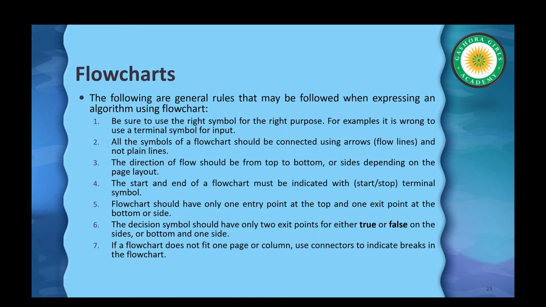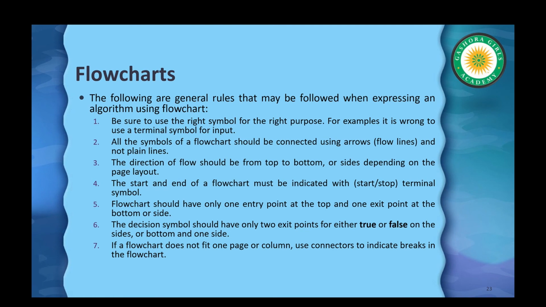So the following are general rules that may be followed when expressing an algorithm using a flowchart. Number one, be sure to use the right symbol for the right purpose. For example, it is wrong to use a terminal symbol for the input. In that case, you will be confusing the programmer. All the symbols of a flowchart should be connected using arrows or flow lines and not plain lines.